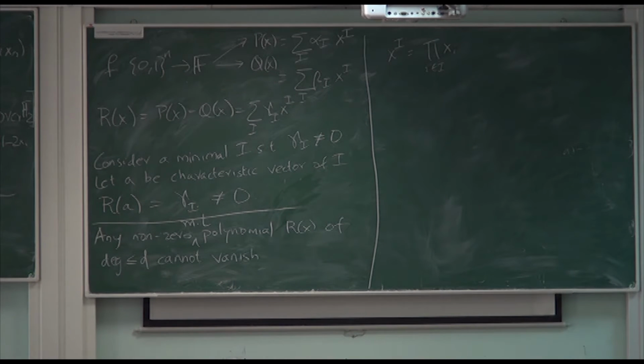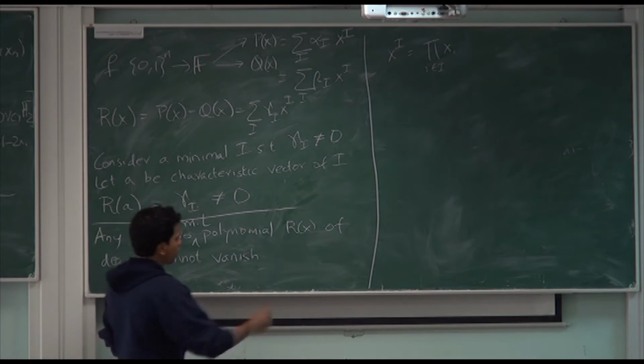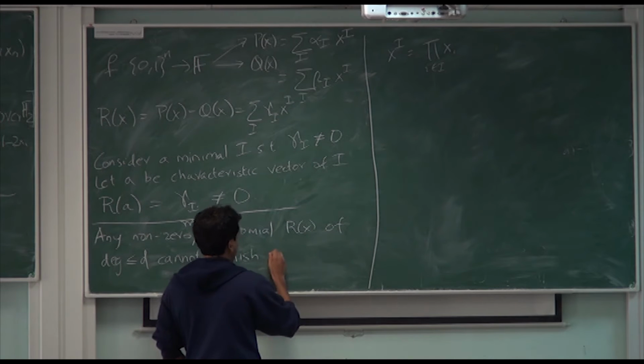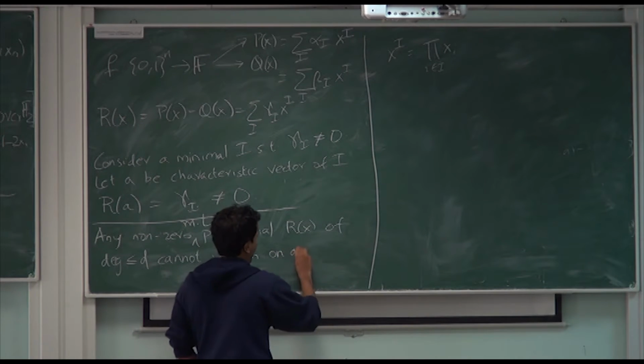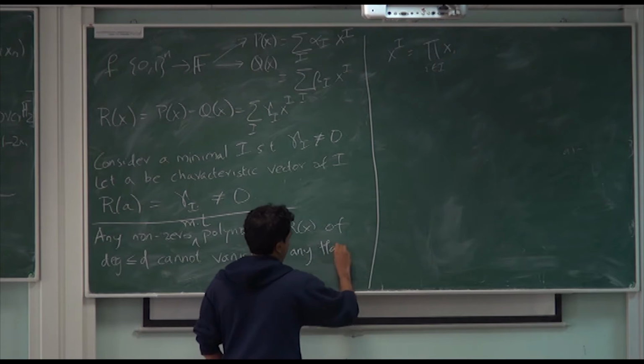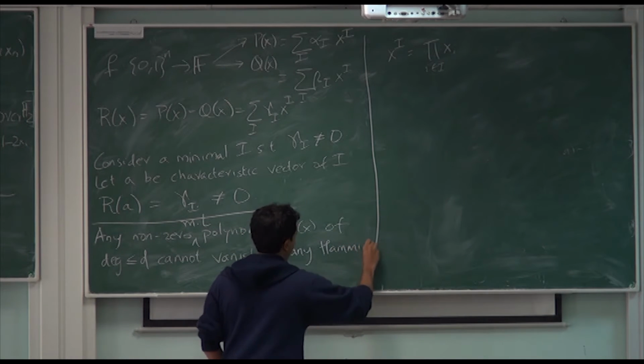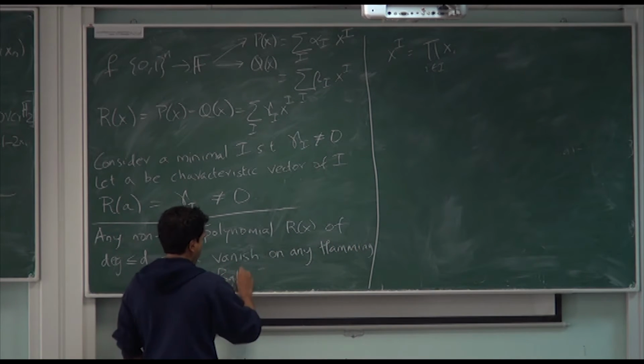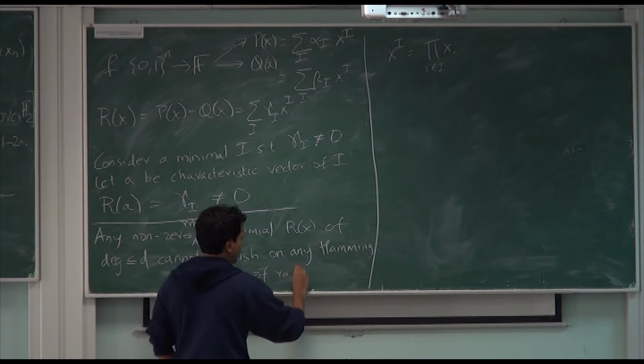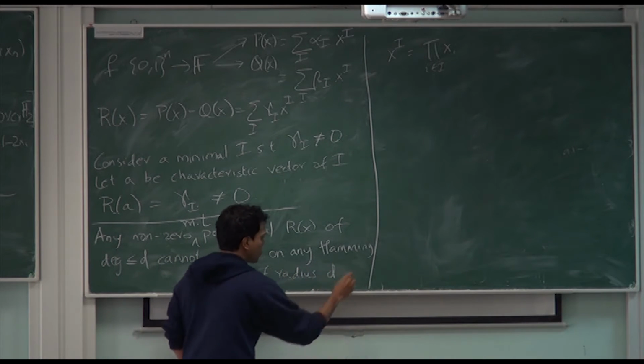Well, what I just argued is that it cannot vanish at all points of Hamming weight at most d, but in fact you could say something stronger, cannot vanish on any Hamming ball of radius d, right?